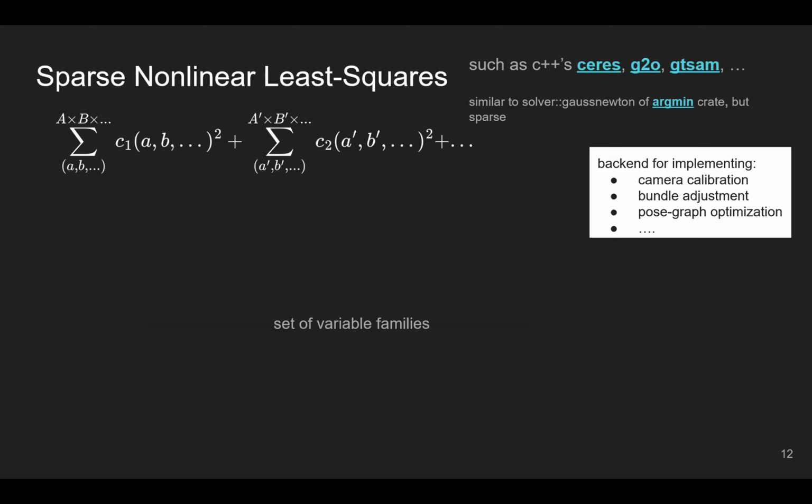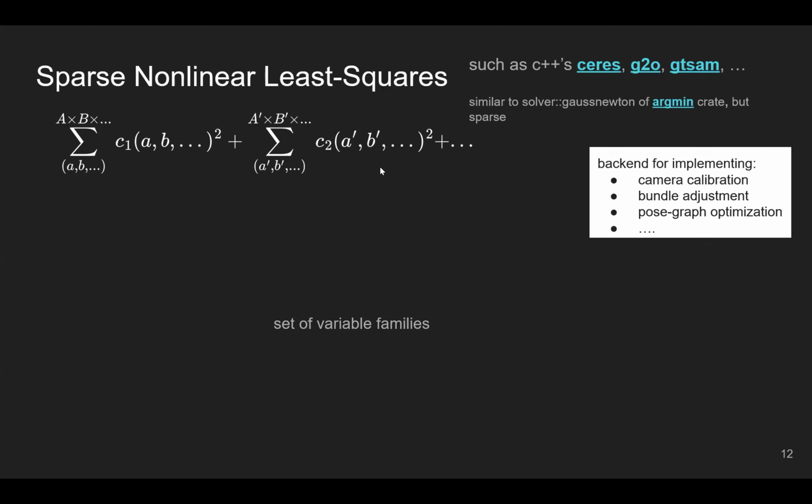Okay, let's talk about sparse nonlinear optimization. This is a very common problem you need to solve. You have a cost function which has the following form: a sum over some squared cost terms.